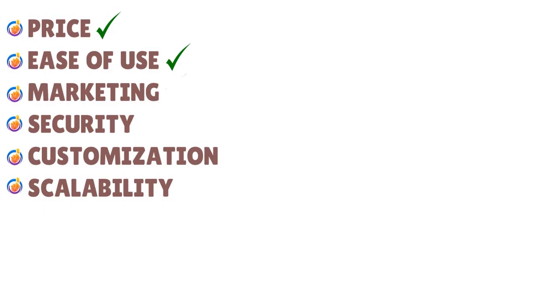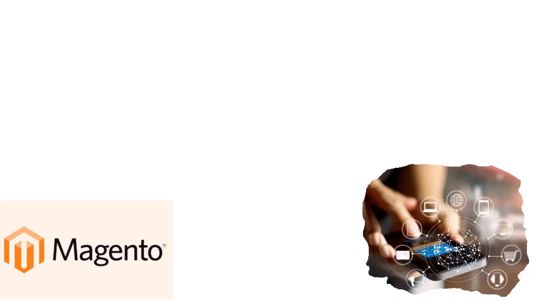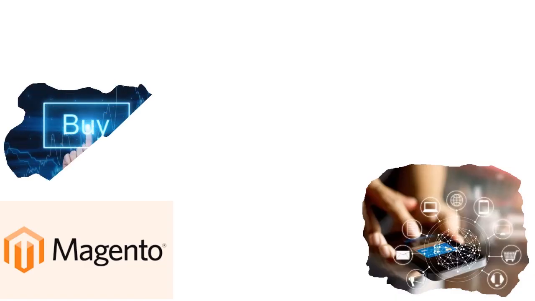So when it comes to marketing, Magento does something pretty good in terms of customization. Magento has built-in marketing tools. Basically, when you think about Magento, you have an extensive suite of marketing tools, but they're all add-ons that you have to purchase separately.